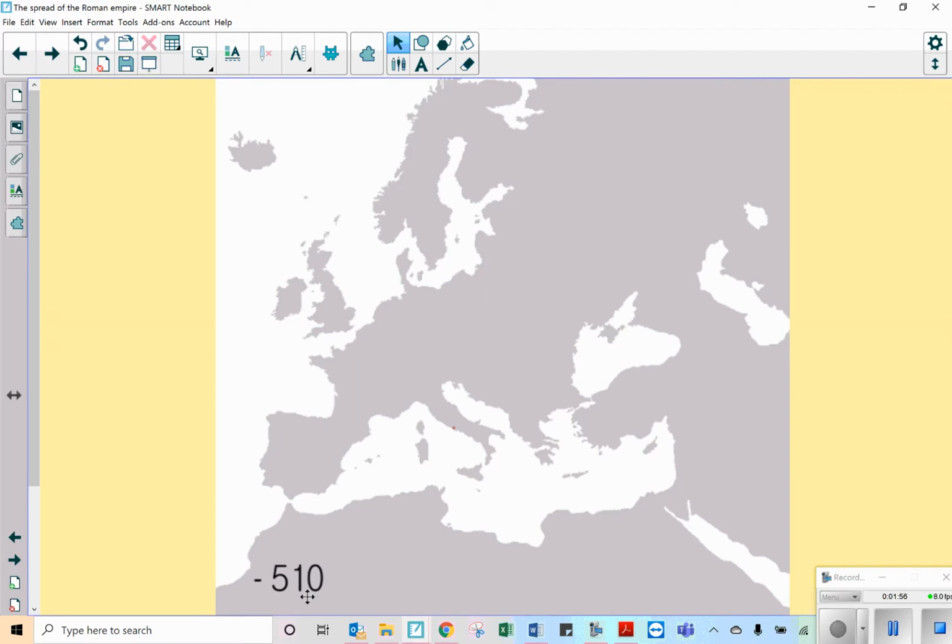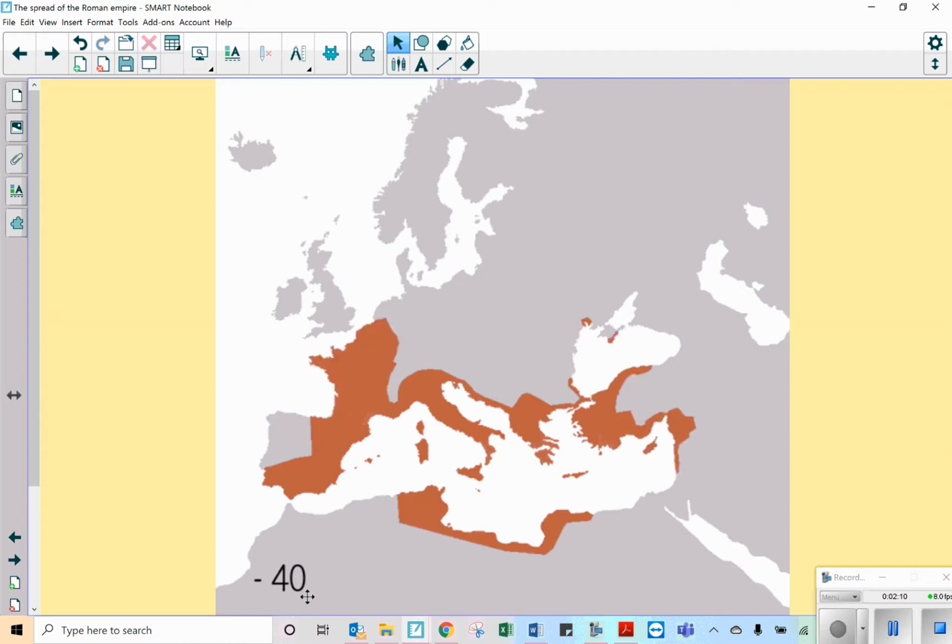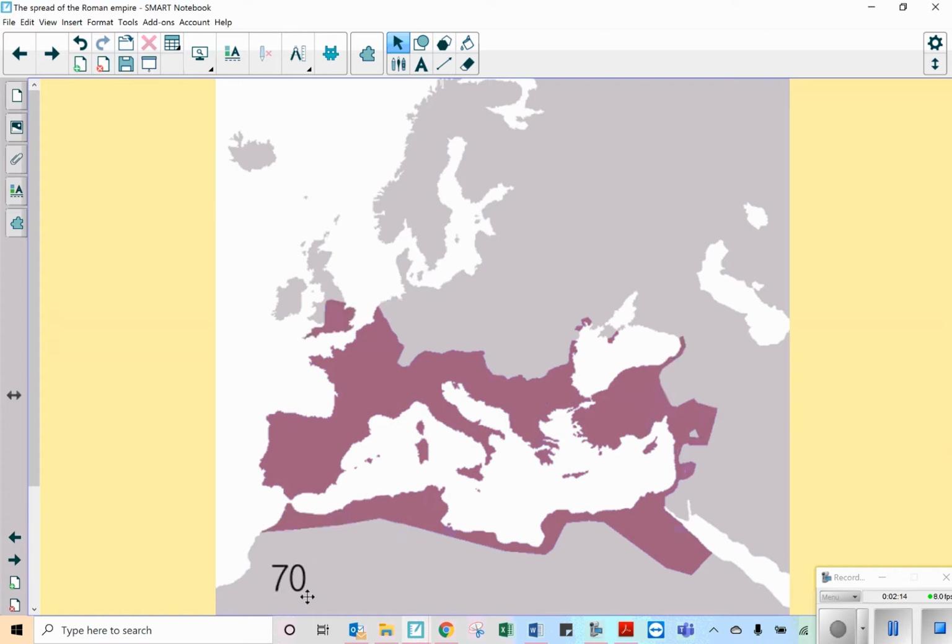So this is 510 BC, and you can see it starts in Rome, and you can begin to see that Italy is taken over, and then the spread of the empire stretches into Europe. It also starts to stretch into northern Africa, and you can see it now in 70 AD beginning to go into the United Kingdom and taking over England.